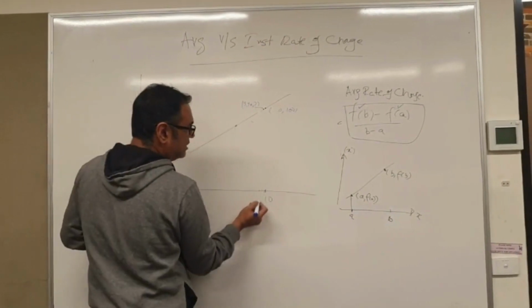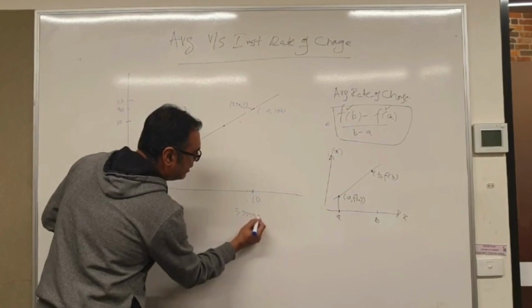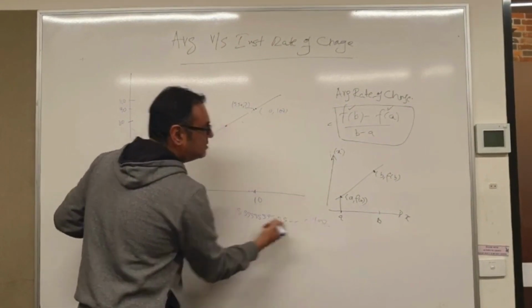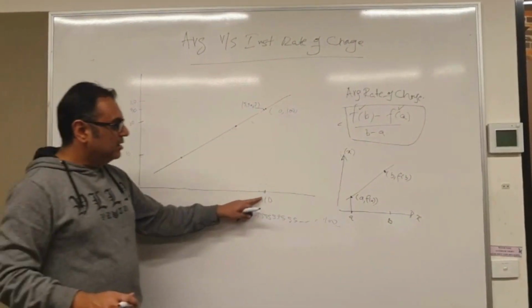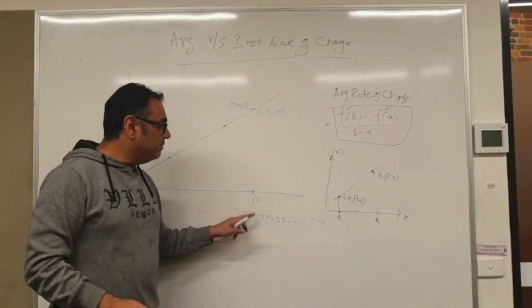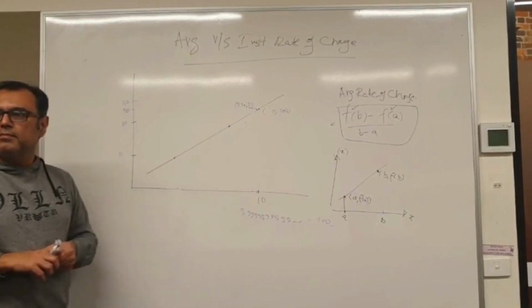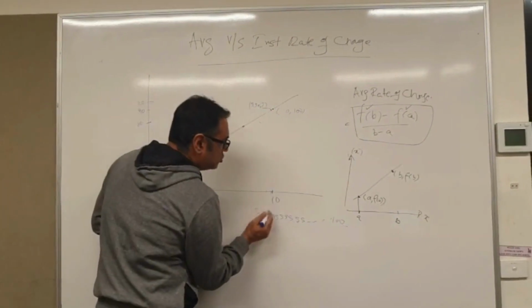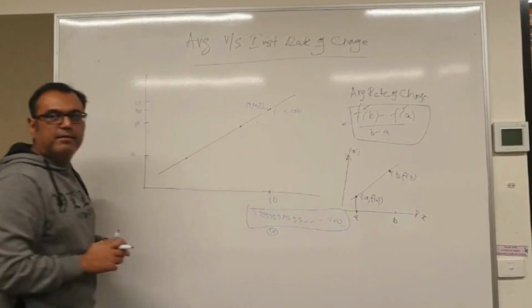Let's say the second point is 9.999999999 until like 100 decimal places. So approximately, don't you think these 2 points are same? So I approximate this point to basically 10.